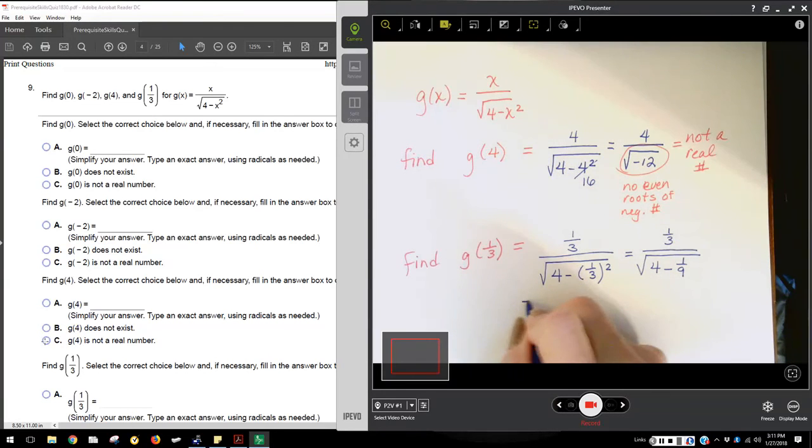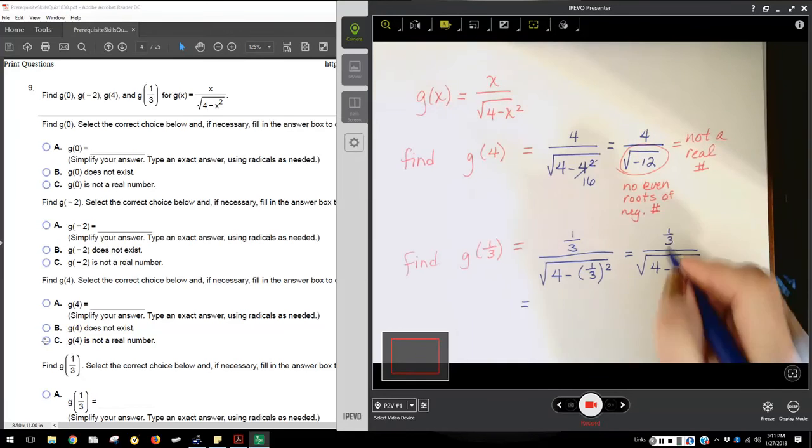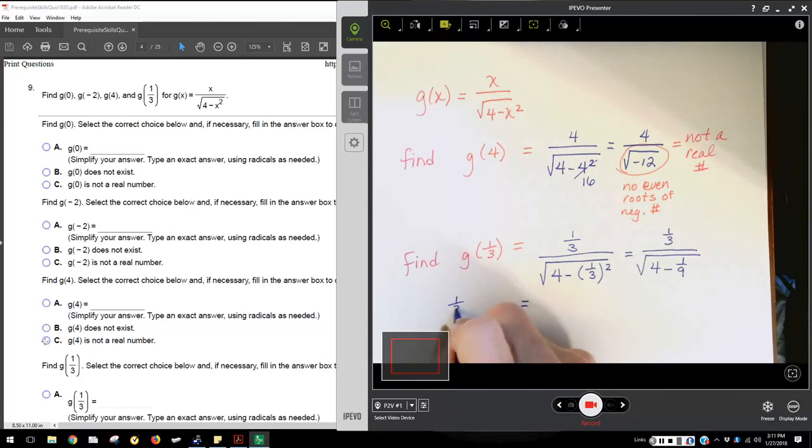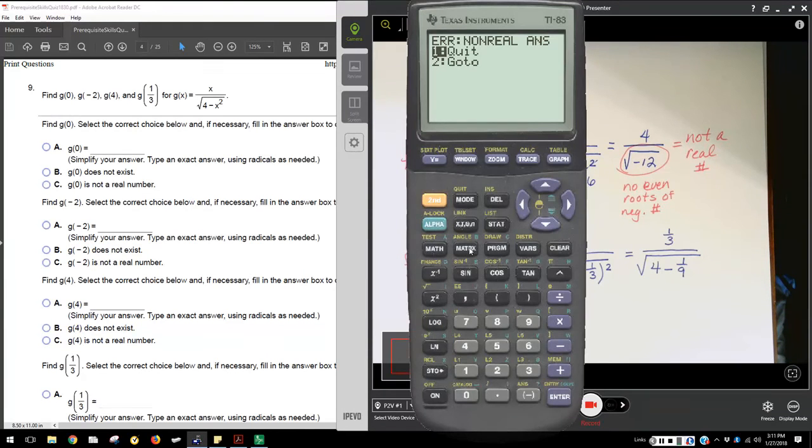So that's going to be 1/3 divided by the square root. Let's see what 4 minus 1/9 is. The calculator can help us with that. And I want the answer to come out as a fraction. It says that's 35 over 9.